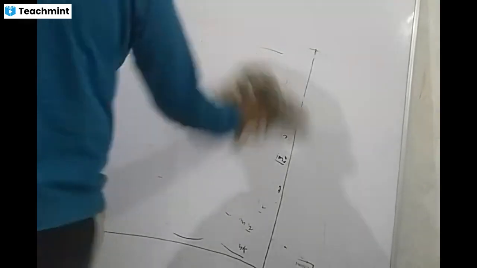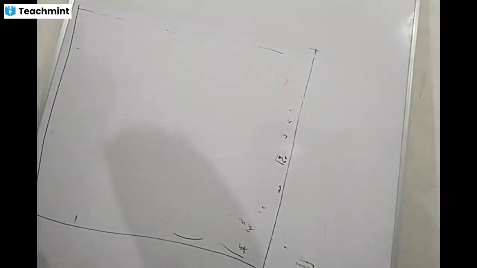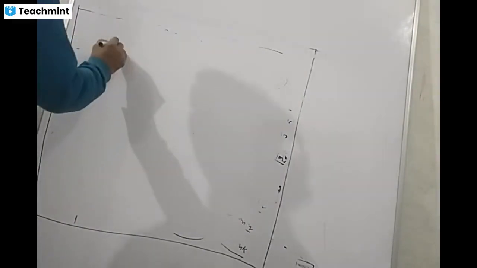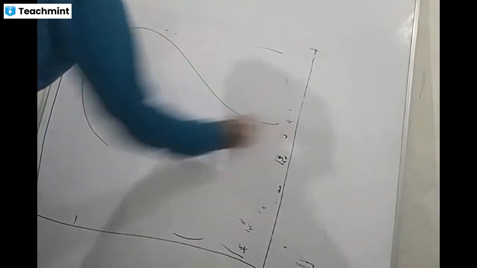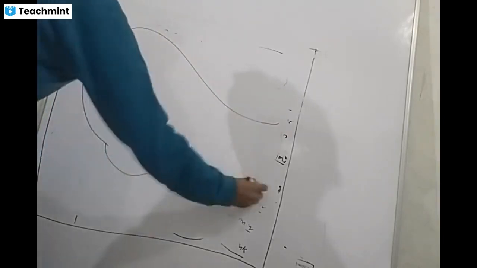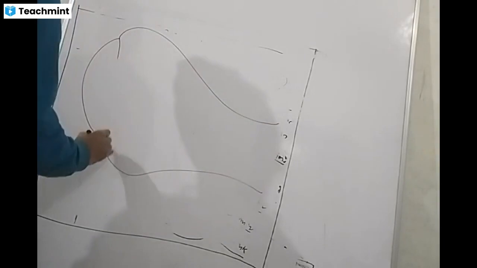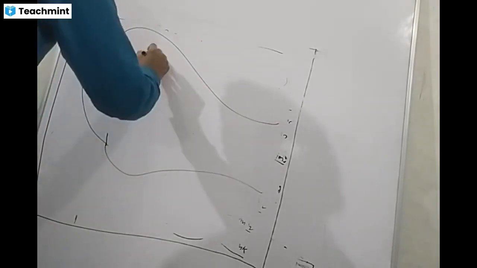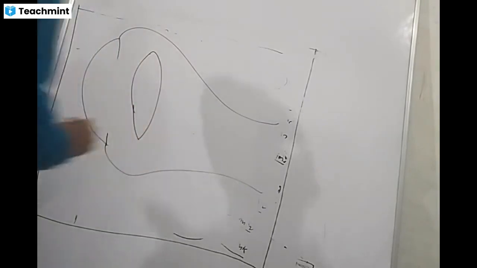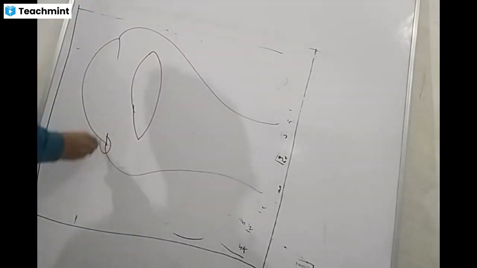If I revise in one diagram, this is the cornea, this is the eye, this is the iris, and this is the lens. This is the limbus.